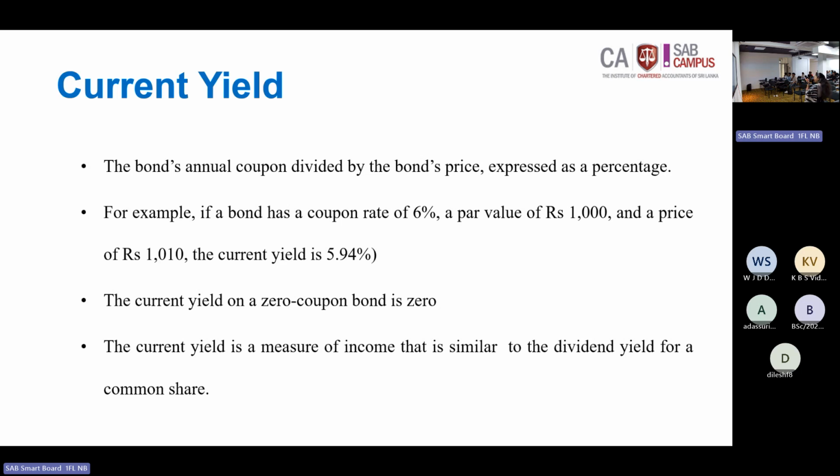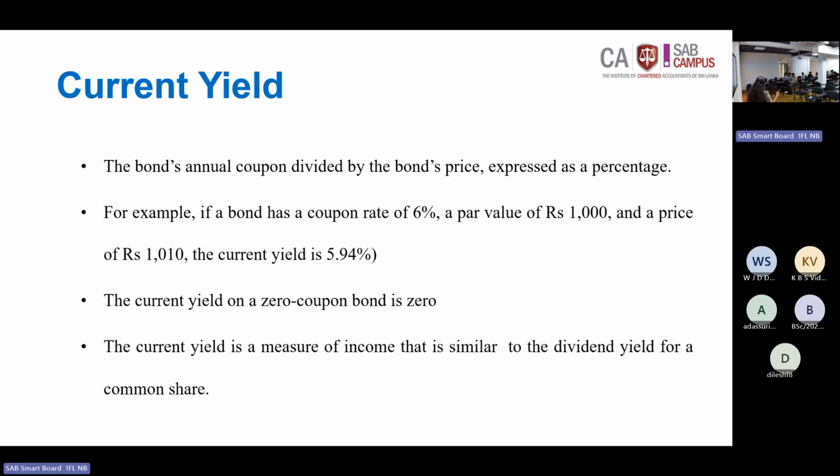The bond's annual coupon, or the return, divided by the bond price, expressed as a percentage, is identified as the current yield. For example, if the bond has a 6% coupon rate, and the par value is 1000 rupees.